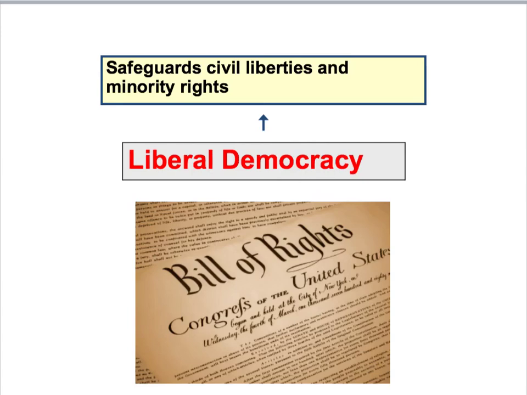And often these important freedoms are entrenched in a document called a Bill of Rights. So a Bill of Rights, you can see the American Bill of Rights here, is a list of the most important rights to the citizens of a particular country. And the purpose of the Bill of Rights is to protect those rights against infringement.